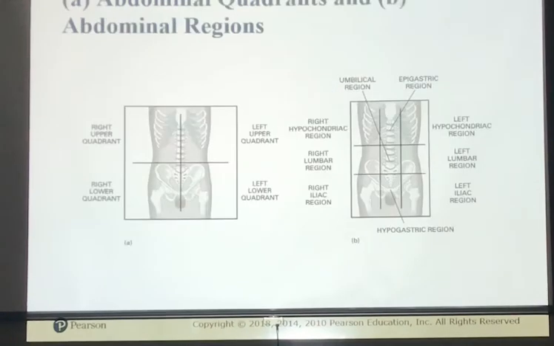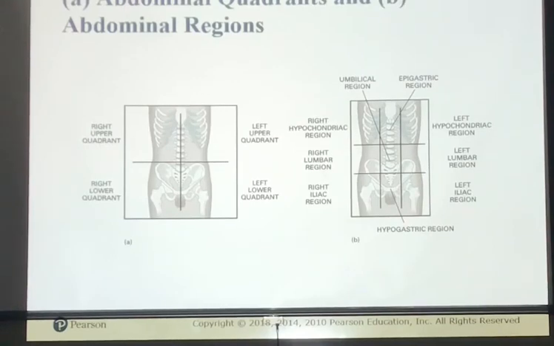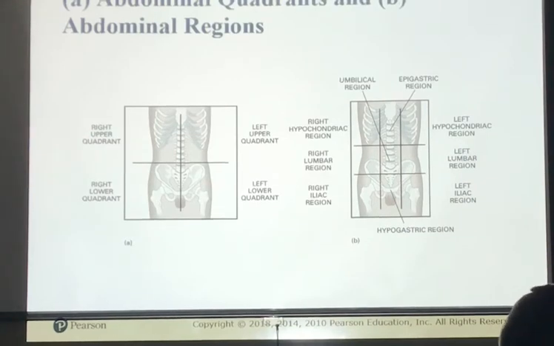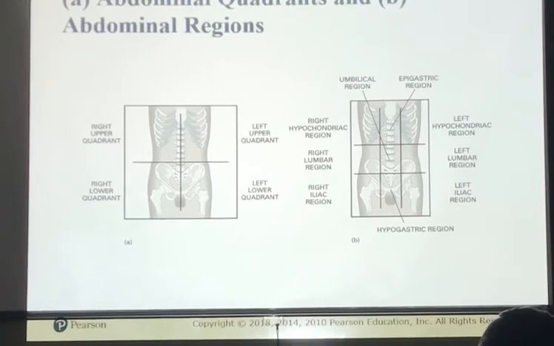Alright. Here's your 4 quadrants or your 9 regions. Right upper, left upper, right lower, left lower. Left upper contains most of the stomach, the spleen, pancreas, part of the large intestine. The left kidney is behind the abdominal lining. Right upper contains most of the liver, the gallbladder, and part of the large intestine.